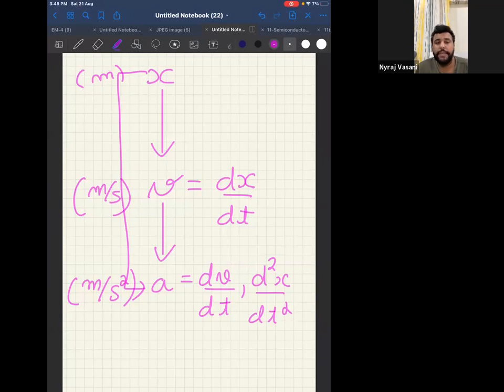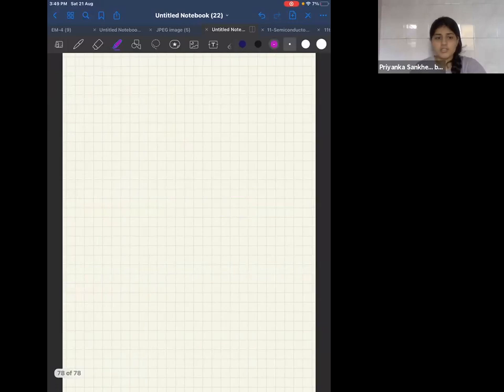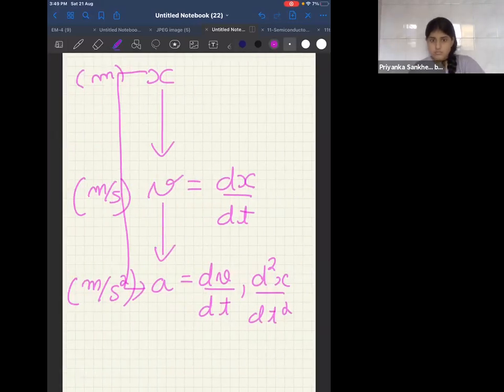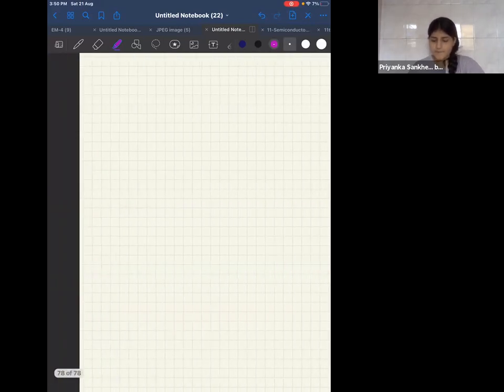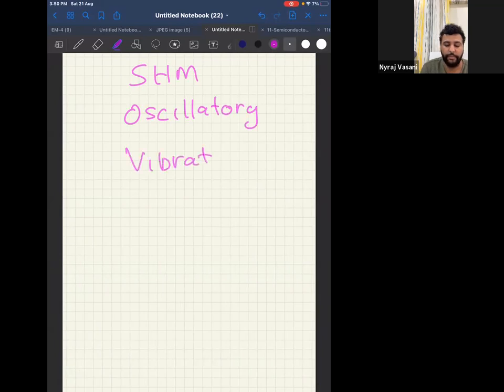What is the full form of SHM? Simple harmonic motion. The other names for SHM are oscillatory motion and vibratory motion, or vibratory motion, or to and fro motion.